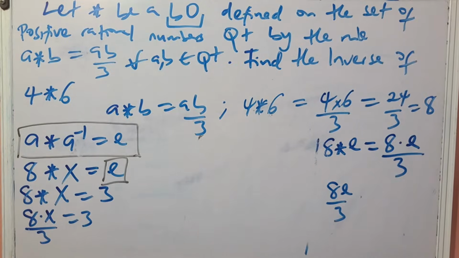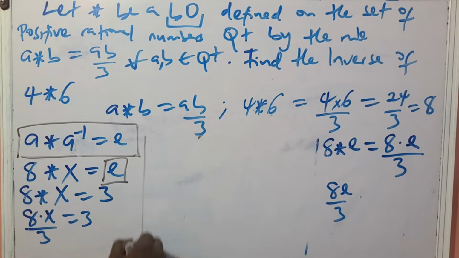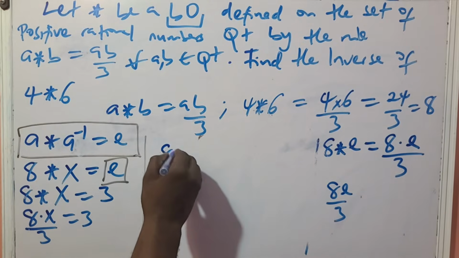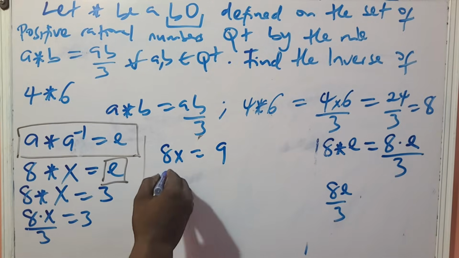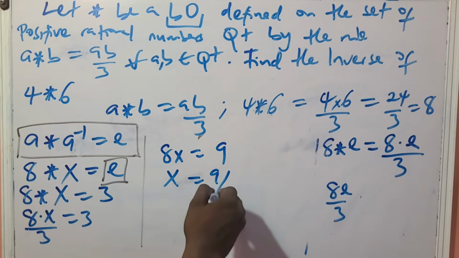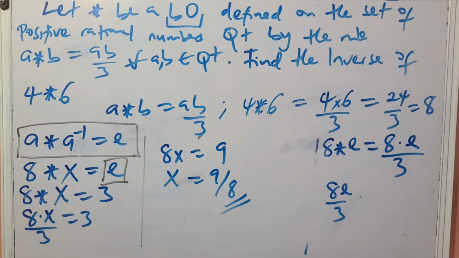All right. Now, look at what we have now. We have 8x equals to 3 times 3, that's 9. So our x now is equals to 9 over 8. And do not forget, what was our x representing?